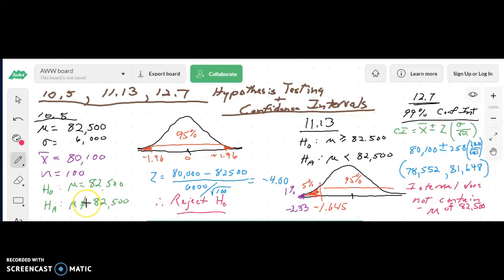We didn't have a caring of which direction. Therefore, our 95% is going to be centered about the mean here, again, 82,500, and our test is going to account for the possibility of it being significantly greater than or significantly less than our previously known mean.